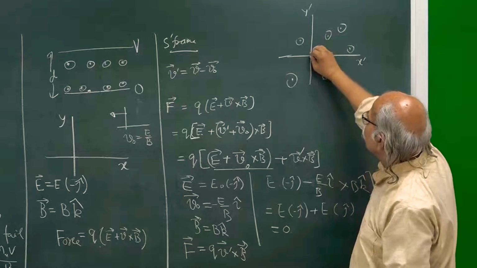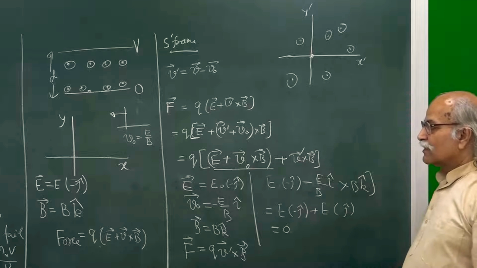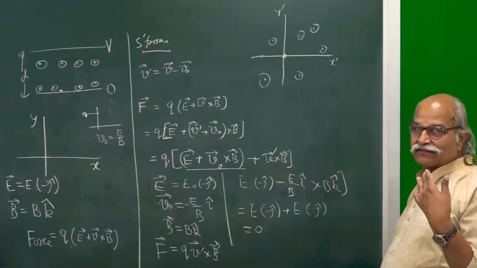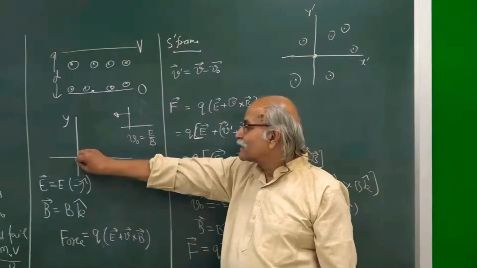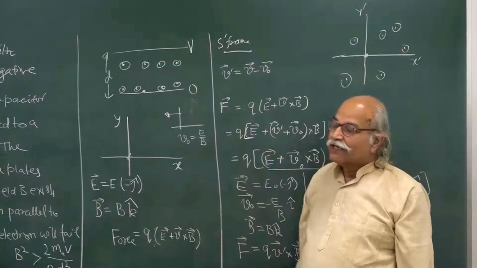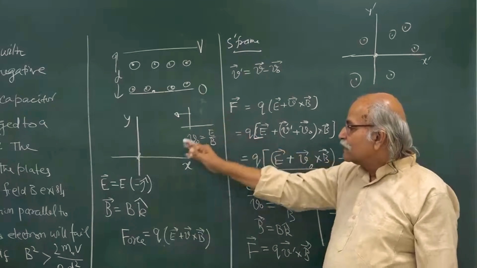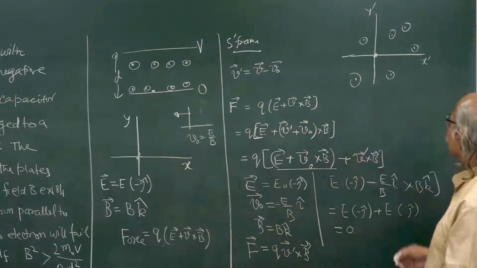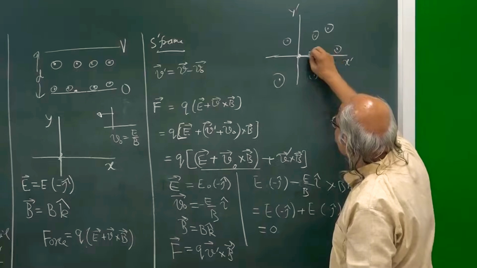The electron is here, and this electron now moves in the positive x direction. In lab frame, the electron was at rest at the origin at t equal to 0, and that same t equal to 0 if I see from this S prime frame, then this electron is coming towards positive x axis.